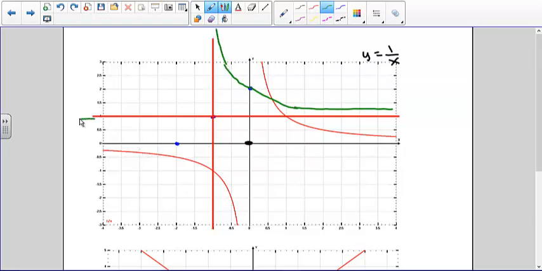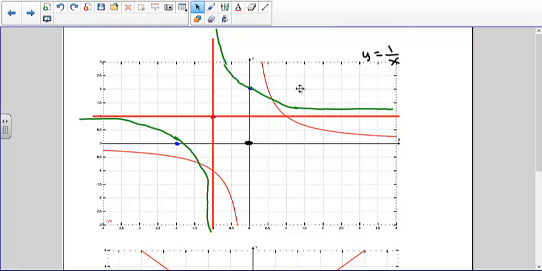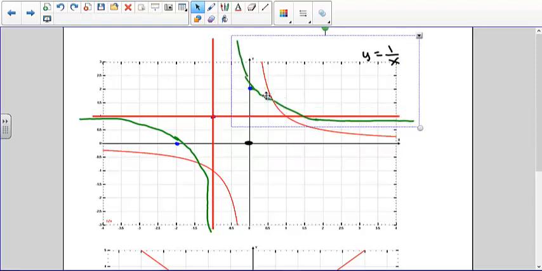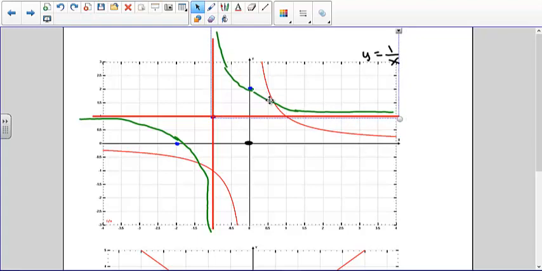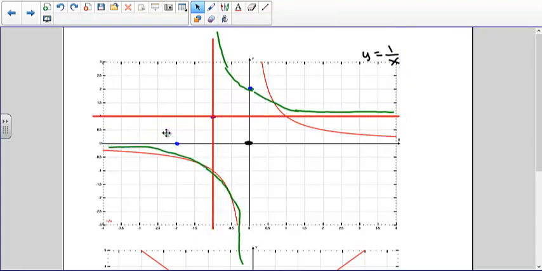Likewise, this will come from down through there, and then approach that vertical asymptote. And again, if I take this thing, I should be able to shift it over and it should match up with that. And if I take this, shift it down like that, they should match up exactly.